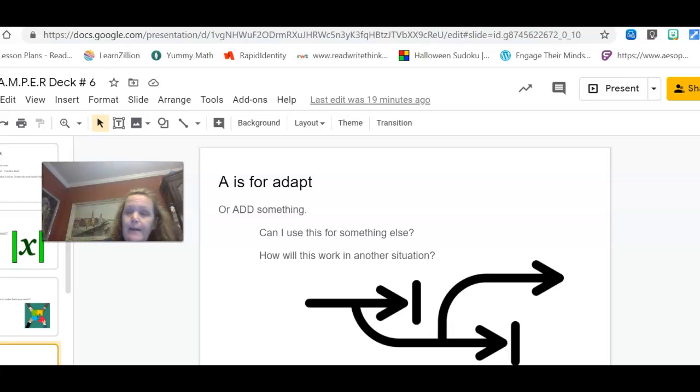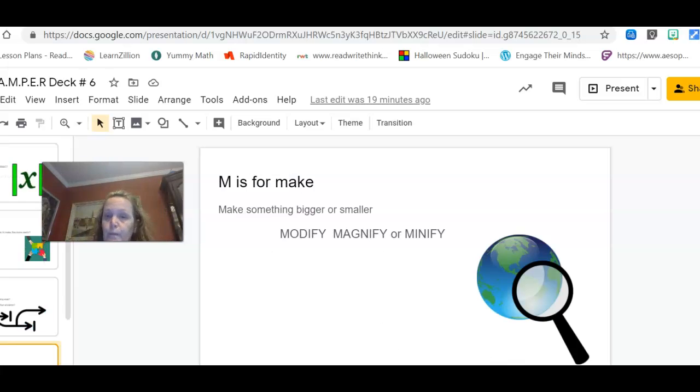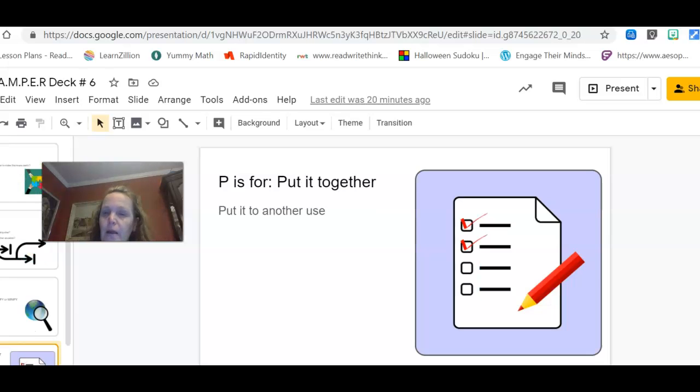So we've adapted it. Now we're to make. We talked about how we make something bigger or smaller. We modify, magnify, or minify. Love that word, minify. So cool. Put it together, put it to another use is for P.